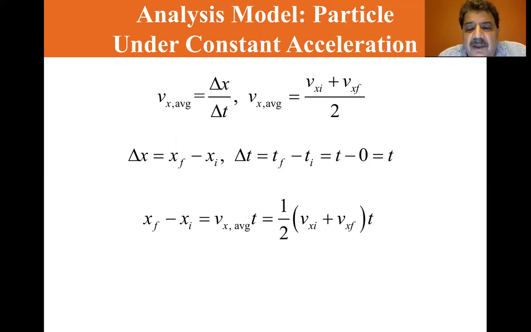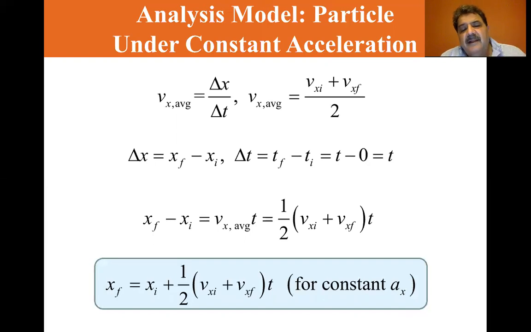So if we solve for x final, x final equals xi plus 1/2 (vxi plus vxf) times t. That 1/2 (vxi plus vxf) is just the average velocity.